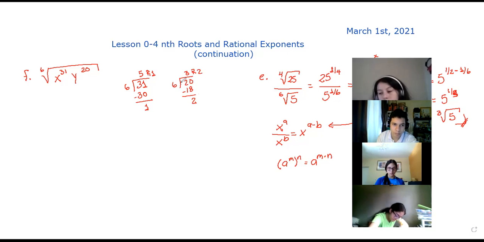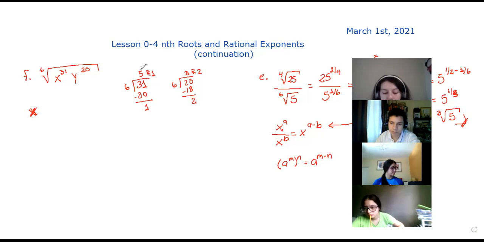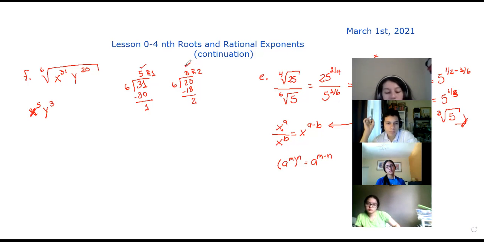Now pay close attention. I will write the variable with the quotient that I got outside. This is the quotient, right? 5 and 3. So I will write the variable with the quotient outside.